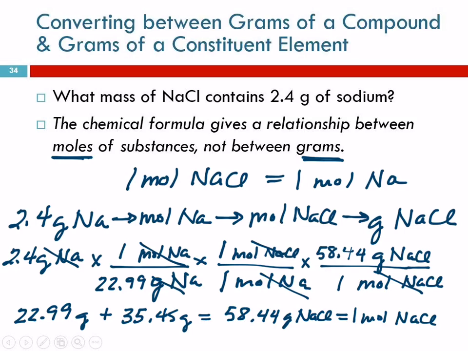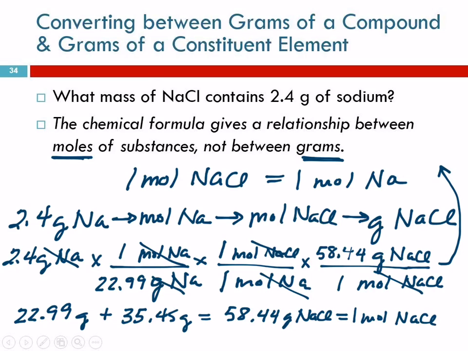So I've got this big equation here in the middle, and I'm just going to run it through on my calculator, top to bottom, left to right. 2.4 times 1 divided by 22.99 times 1 divided by 1 times 58.44 divided by 1. And I don't have any room to write my answer. So I'm going to draw an arrow. I'm going to put it up here.